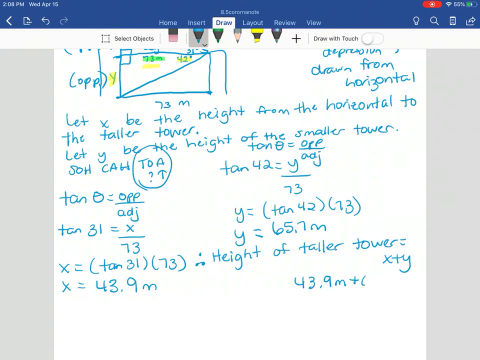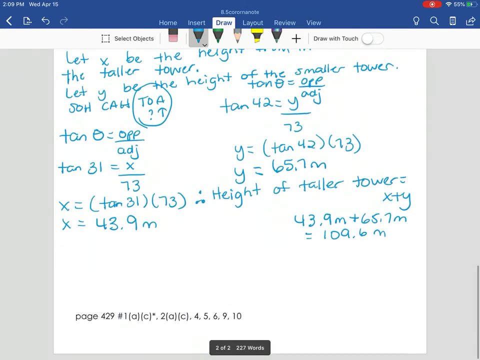So 43.9 meters plus 65.7 meters equals 109.6. Sometimes in the textbook, when you do the homework, they'll round to a whole number, so they would round that to 110. If you're pretty close, then I wouldn't stress too much about your answer.